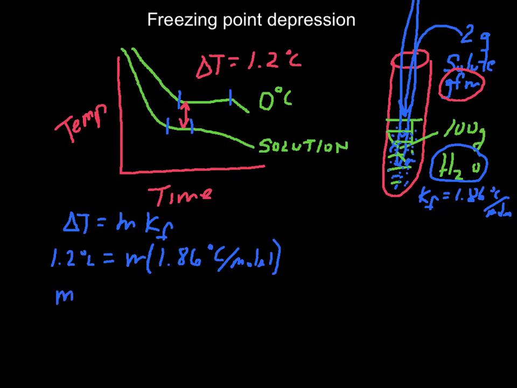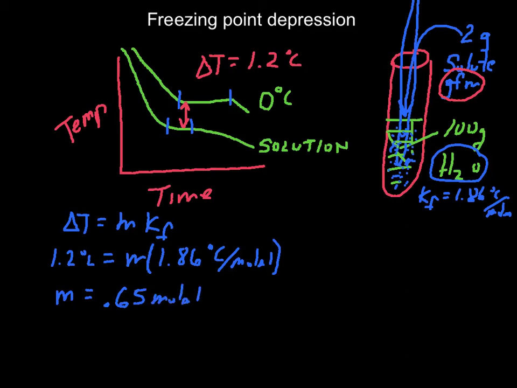So, solving for molality, I will go 1.2 divided by 1.86, and I end up with 0.65. And you would describe that as a 0.65 molal solution.